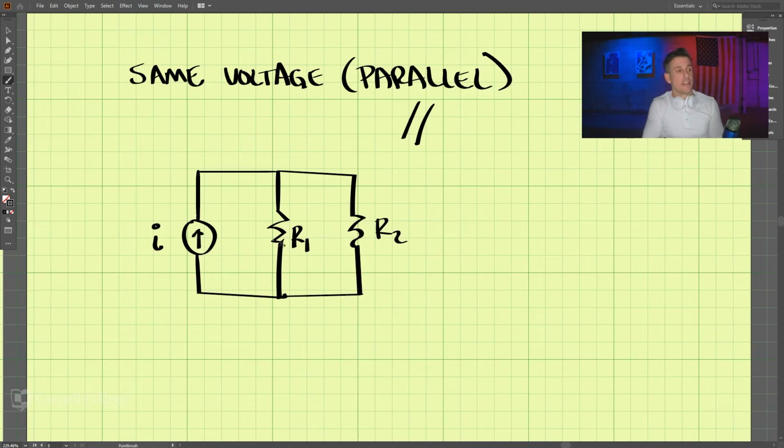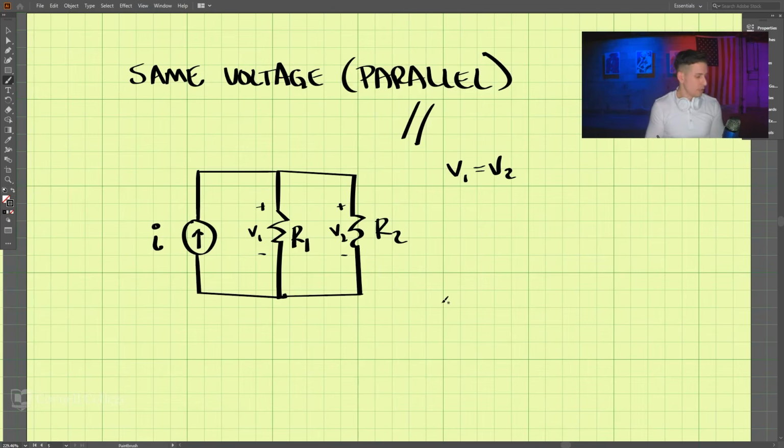These two resistors are in parallel because they have the same voltage across them. So if we talk about the voltage, V1, V2, V1 equals V2. Same voltage, meaning that they're in parallel.